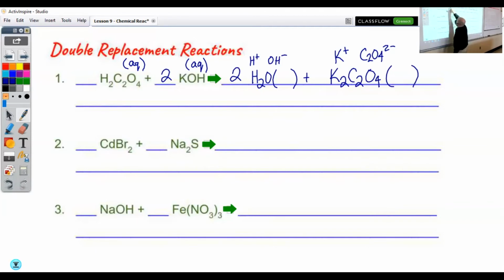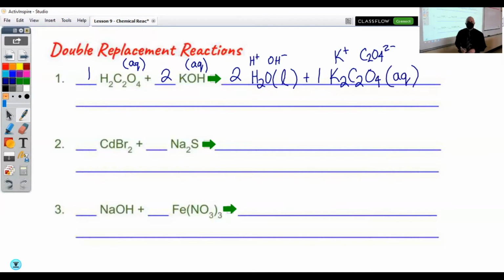And then 2 potassium and 1 oxalate will make K2C2O4. So the rest of our coefficients will be 1. Lastly, we have water, which is a liquid, and potassium oxalate. Potassium is a group 1, so we can go ahead and write aqueous.